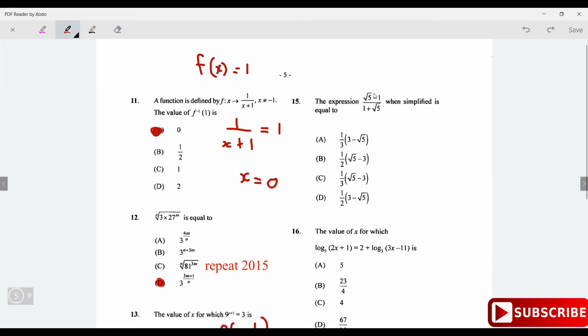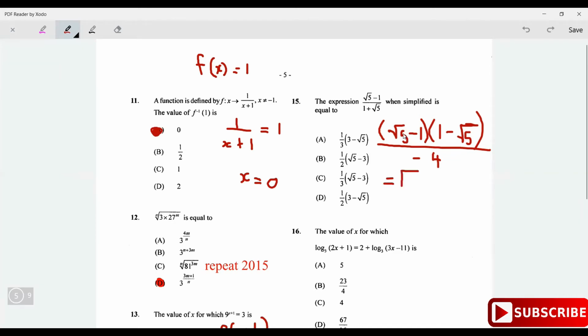So we just need to rationalize this by multiplying by the conjugate of the denominator. So we're going to get root 5 minus 1 multiplied by 1 minus root 5 over, this is now the difference of 2 squares. 1 plus root 5 times 1 minus root 5 is going to be 1 squared minus root 5 squared, which works out to be negative 4. Then when we multiply them out, root 5 times 1 is root 5.